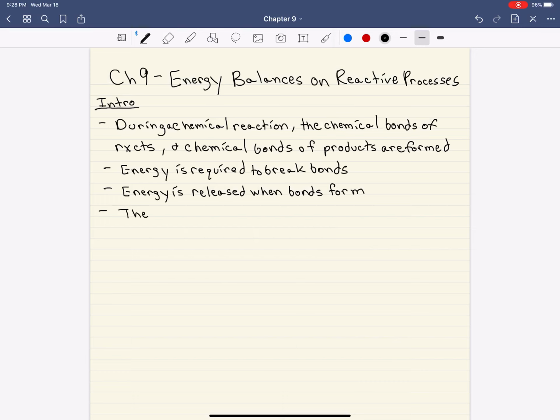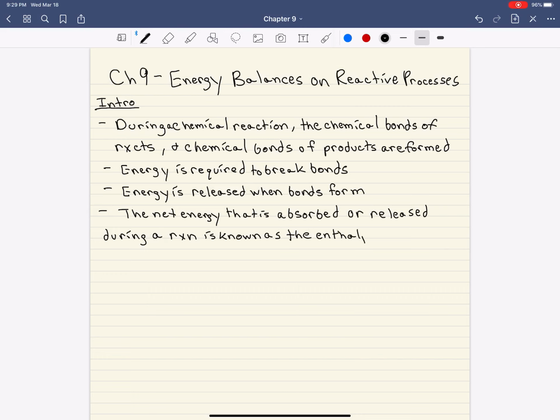So this net energy that is absorbed or released during a reaction is known as the enthalpy of reaction, and we abbreviate this as delta H sub R.